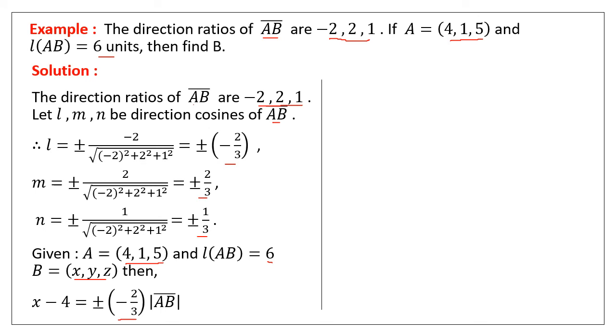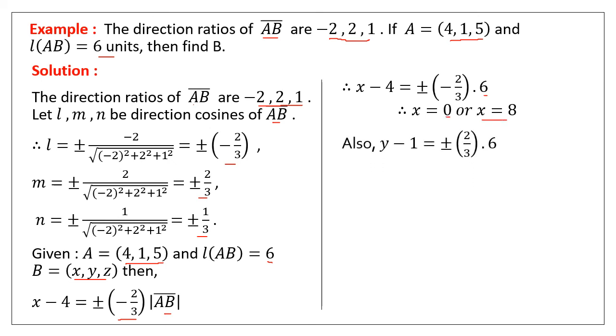Substitute the value of length AB as 6 and solving it we will get two values of x as x = 0 or x = 8. Similarly, we can find out the y coordinate, that is y - 1 = ±2/3 × length of AB as 6. After solving we have y = 5 or y = -3.